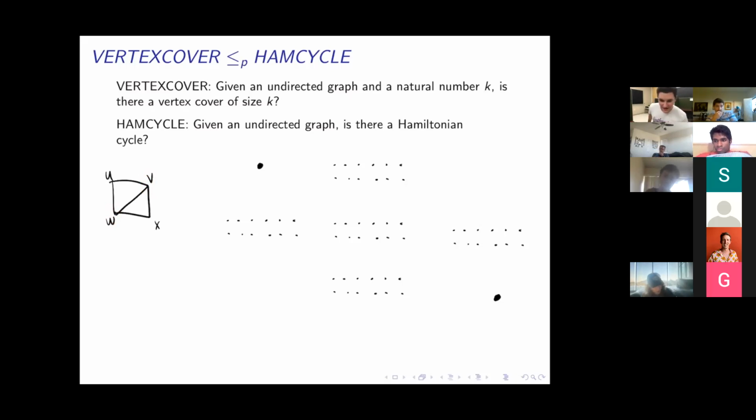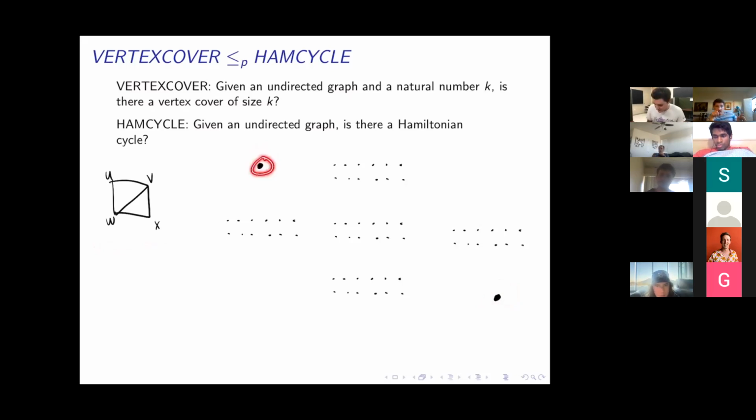So I've already drawn out all of the nodes we're going to need, but let me explain where they come from. These 2 nodes come from the fact that I want a vertex cover of size 2. So I've been given this graph. I've asked, is there a vertex cover of size 2? I want a yes or no answer.